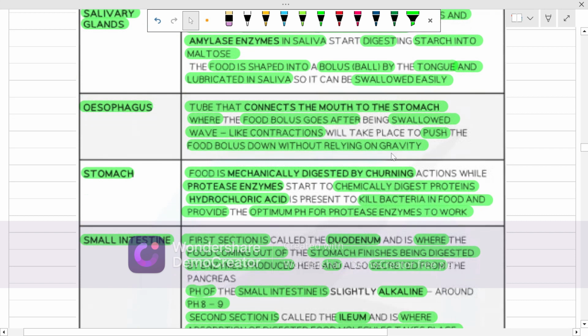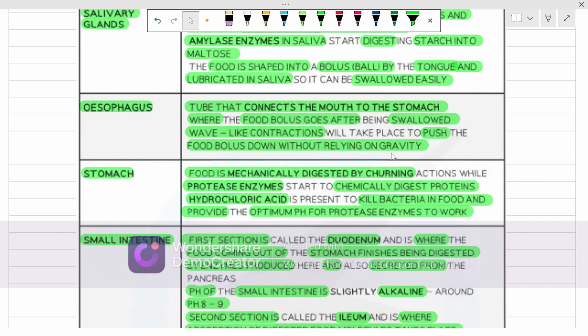The esophagus is the tube that connects the mouth to the stomach, where the food bolus goes after being swallowed, and the esophagus uses peristalsis. Peristalsis is wave-like contractions in the esophagus to push the food down into the stomach, and it works without relying on gravity. So, for example, if we invert a human being, if he's upside down, peristalsis will still work and food will still go to the stomach.